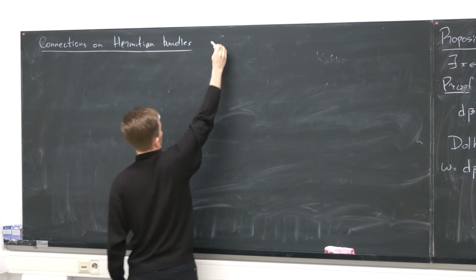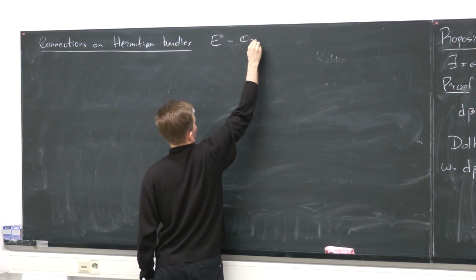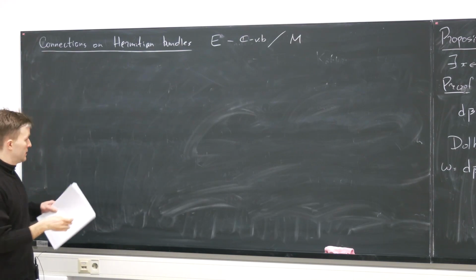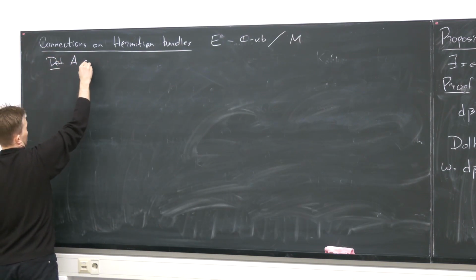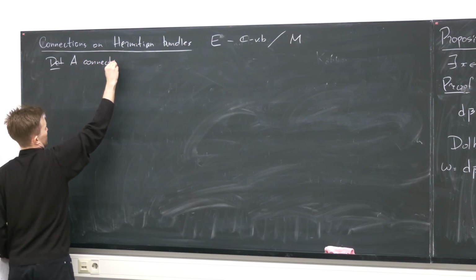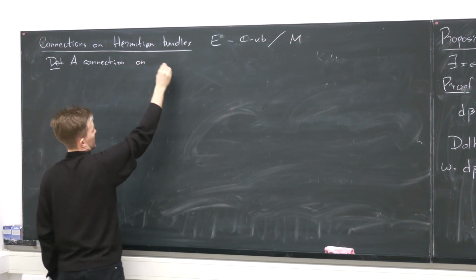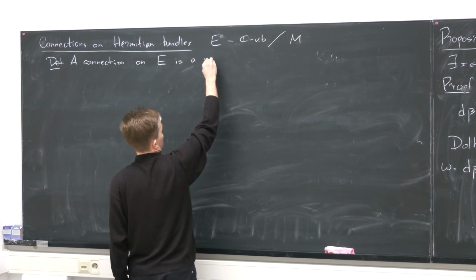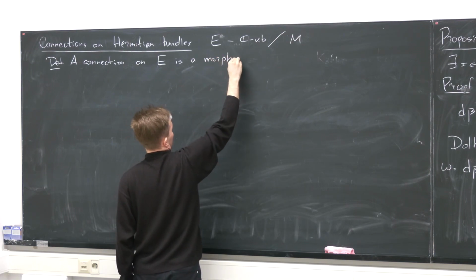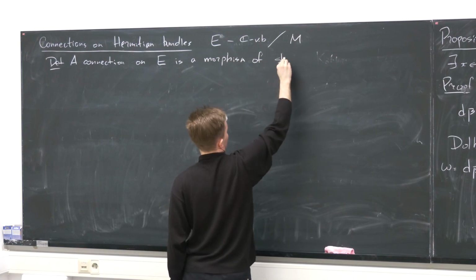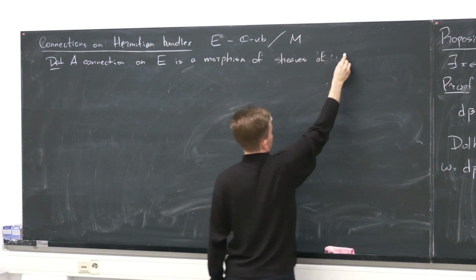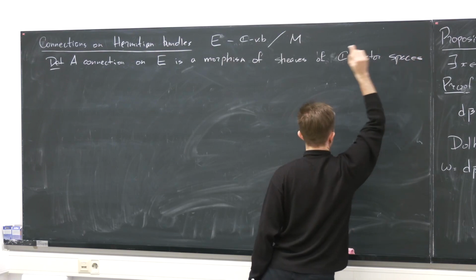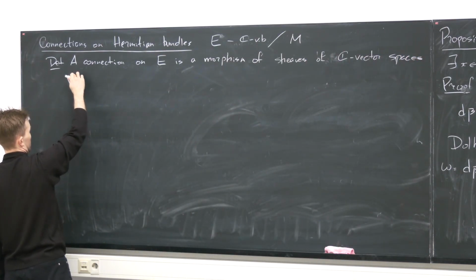Okay, so first again we start from some complex vector bundle over M, which is a complex manifold, and a connection, I just recall the definition, a connection on E is a morphism of sheaves of C vector spaces, which I will usually denote by nabla.